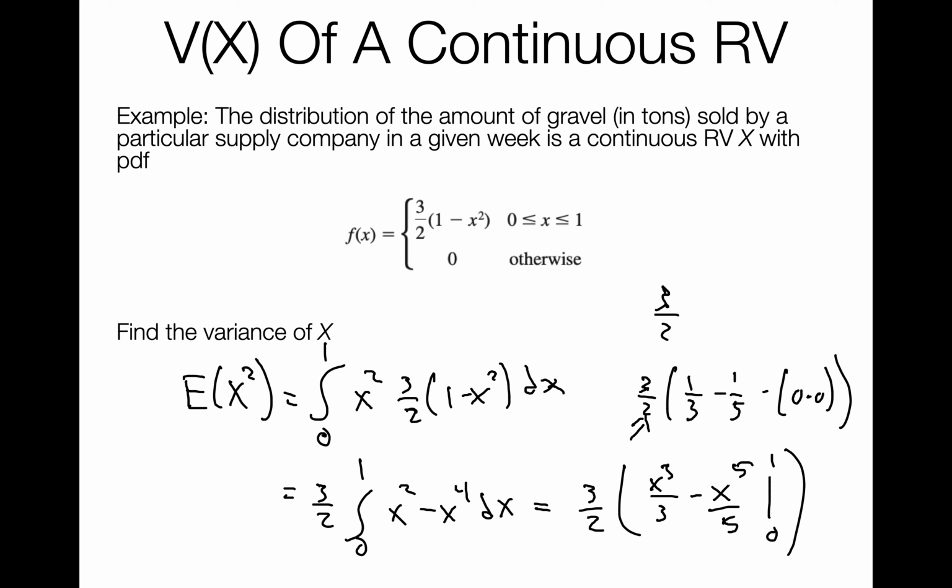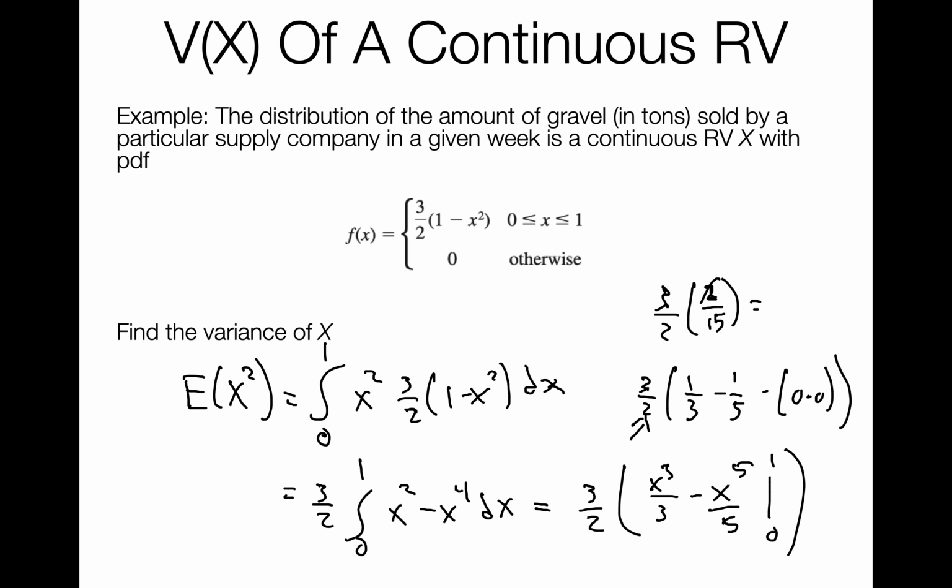A third and a fifth, if we want to make fractions, it was probably easier to make it a decimal here, but I don't have a calculator, so I'm going to do fractions. A third is 5/15, and a fifth is 3/15. So what you're left with is 2/15. 5/15 minus 3/15 is 2/15.